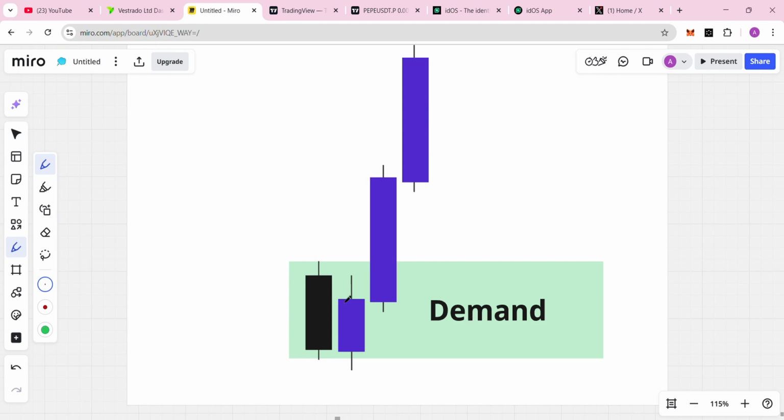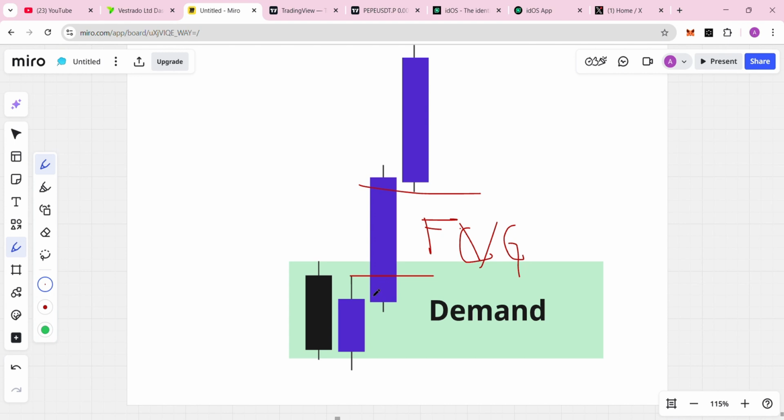See, this is the rapid movement to the upside, followed by an inefficiency or fair value gap. This is the fair value gap.